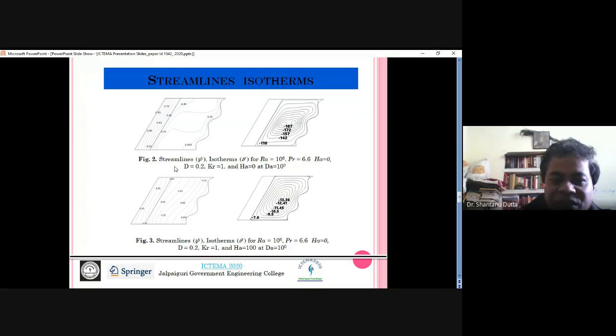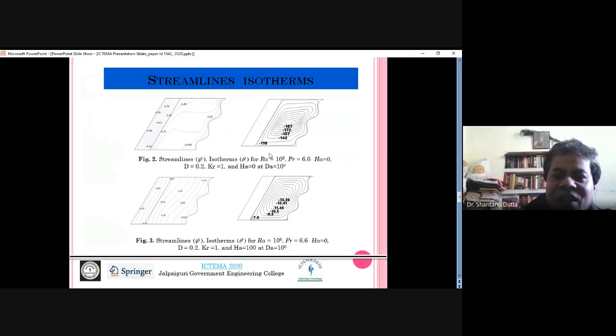And this is the streamline. Here we have only shown some results and discussions, streamlines and isotherms, for Ra 10 to the power 6, Prandtl number 6.6, Ha 0, wall thickness D 0.2, thermal conductivity ratio 1, and Darcy number 1. This is for Ra 10 to the power 6 and this is for Ha 100.